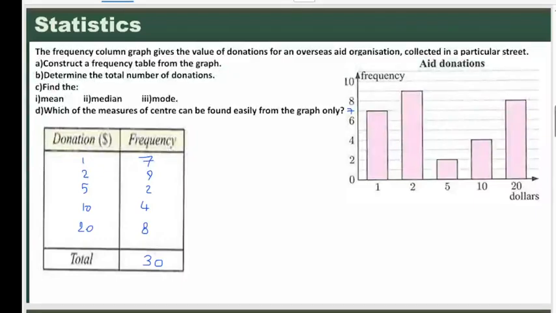For part B, it says determine the total number of donation.